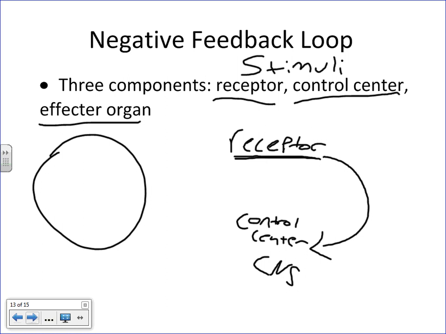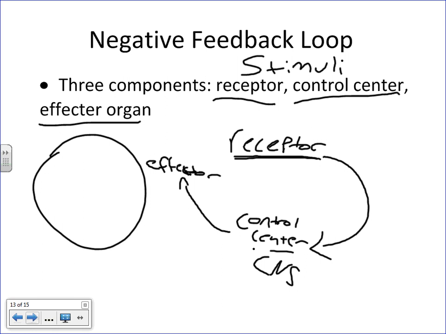Receptors pick up on these changes. They send the information about these changes to our control center, and then your control center basically develops a plan of attack. How in the world do we go about bringing ourselves back to normal? And when your control center gets this figured out, it communicates with what's called an effector organ.